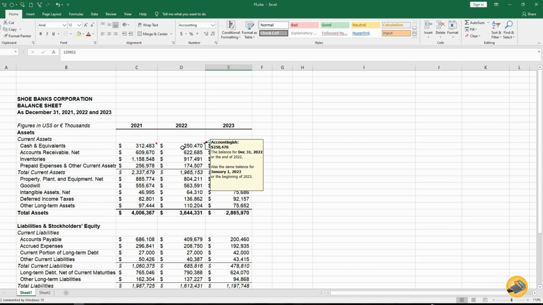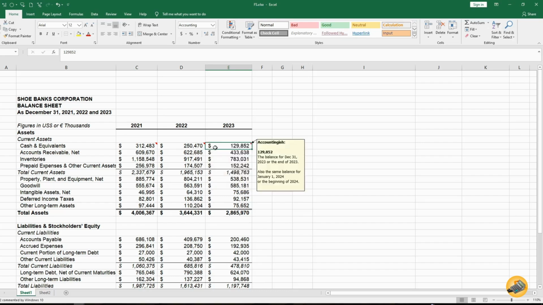And again, we are going to roll over this balance. This is the balance at December 31, 2022: 250,470. Like what we did with 2021, this balance of 250,470 will be the balance at the beginning of 2023.